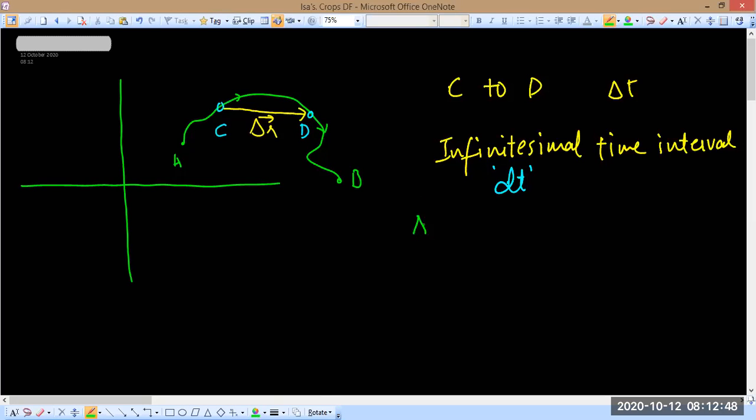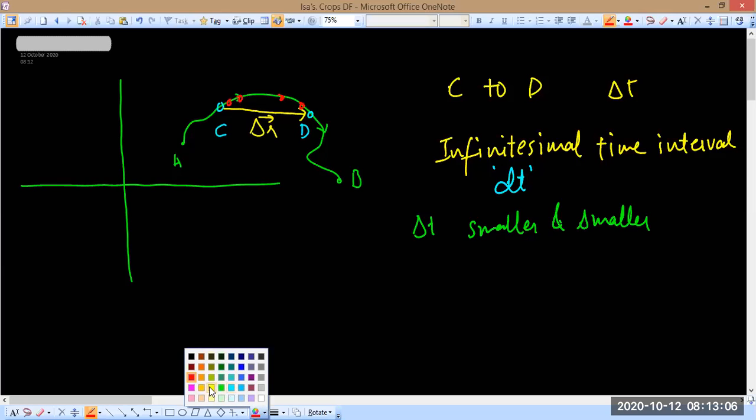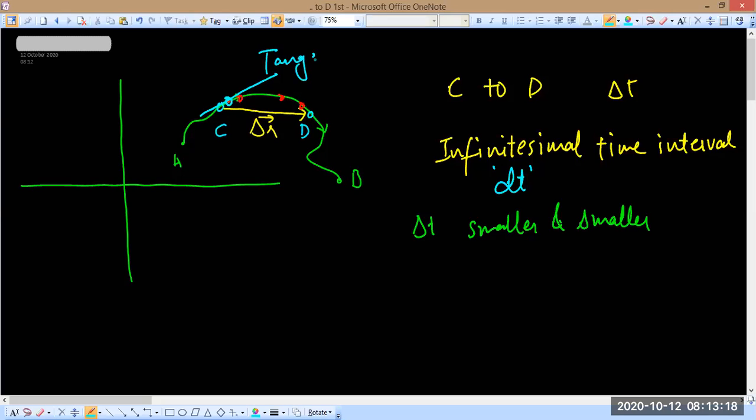As you make delta t smaller and smaller, I am sure you remember that animation, this D point will come very close to this. So finally, if I join two points like this, let's say this is C and here is a very close point, then that line is going to be a tangent.